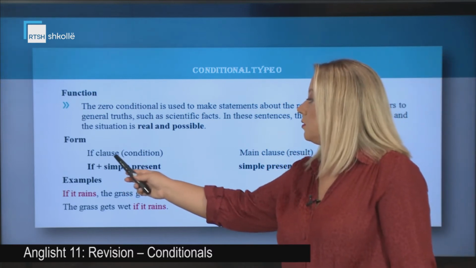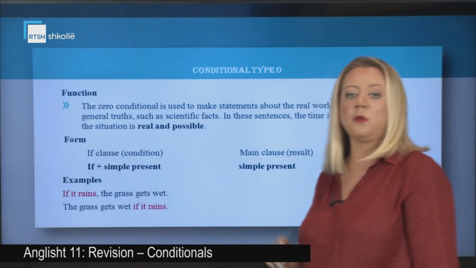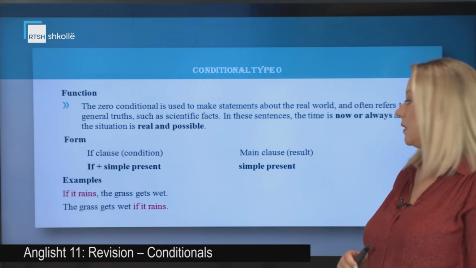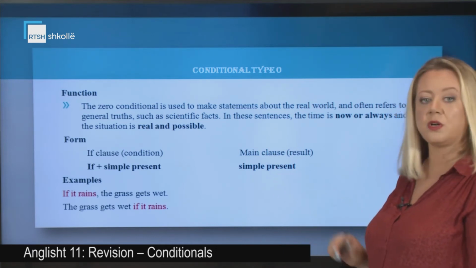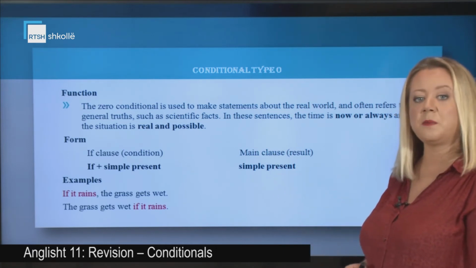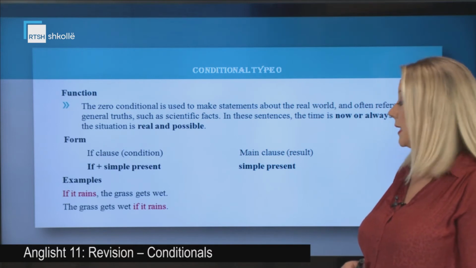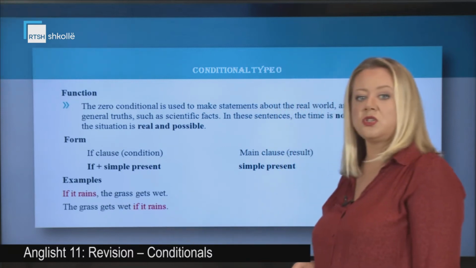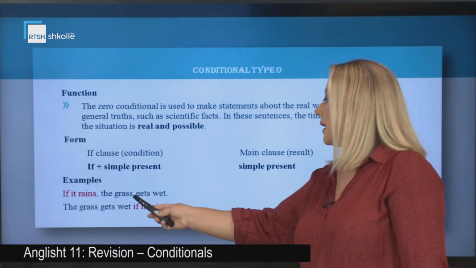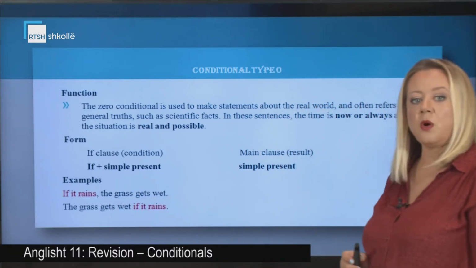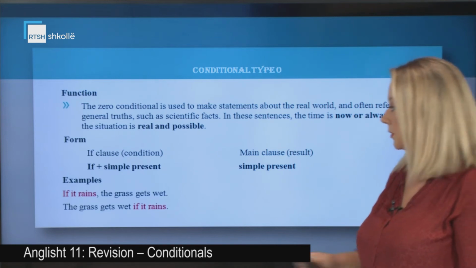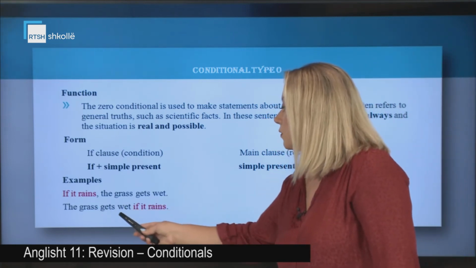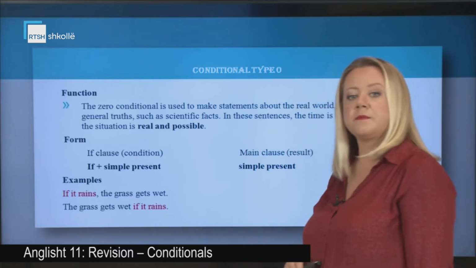The if clause is followed by the simple present, and in the main clause, or the result, the verb is in simple present again. Let's see the examples. If it rains, that is the condition clause, the grass gets wet, the main or result clause. The grass gets wet if it rains.